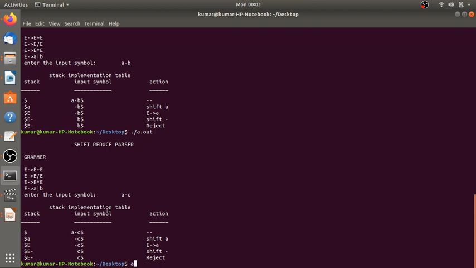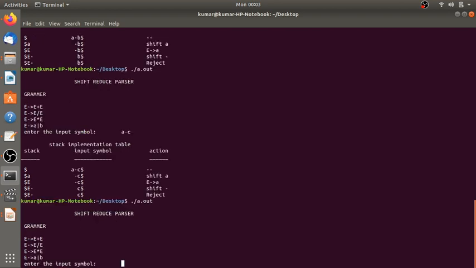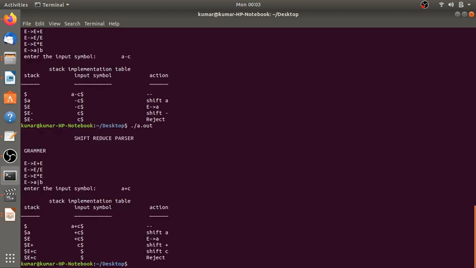One more, A plus C: A and plus are valid terminals for us. We want to check this as well, and it must give a reject.